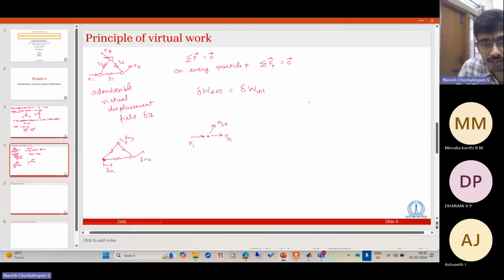For this particle, the net work done by the system of forces is what? It is just F1 dot del U1, assuming all are vectors, plus Fs1 dot del U1 plus Fs3 dot del U1.